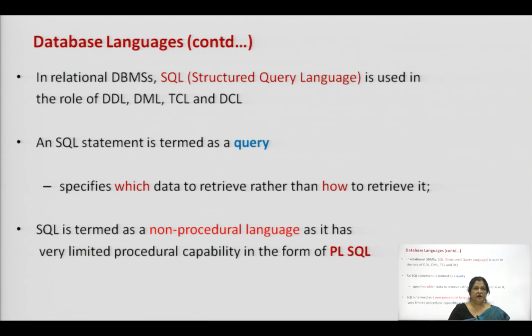In the relational database, the structured query language is used in the role of DDL, DML, TCL and DCL, and any SQL statement is referred to as a query. A query specifies which data is to be retrieved rather than how to retrieve it.